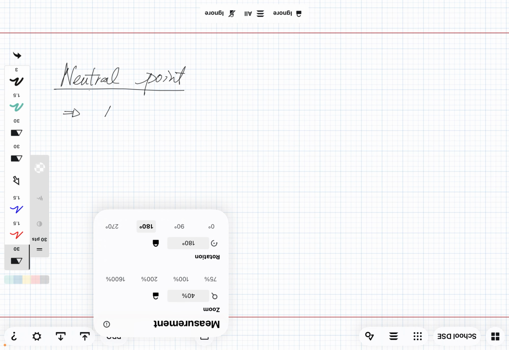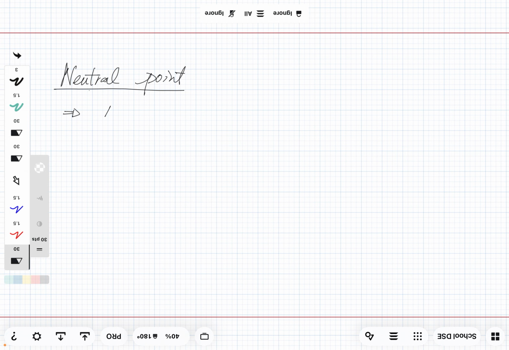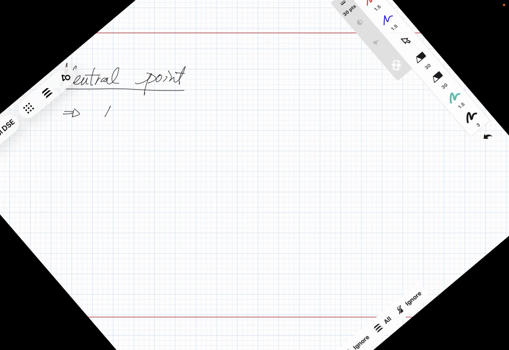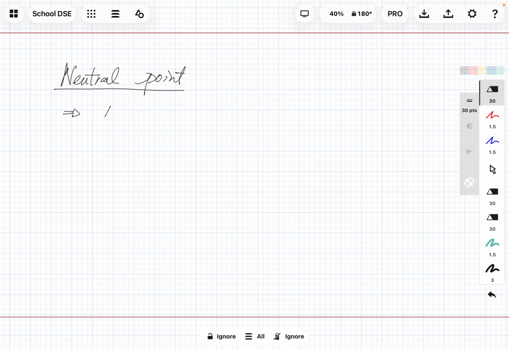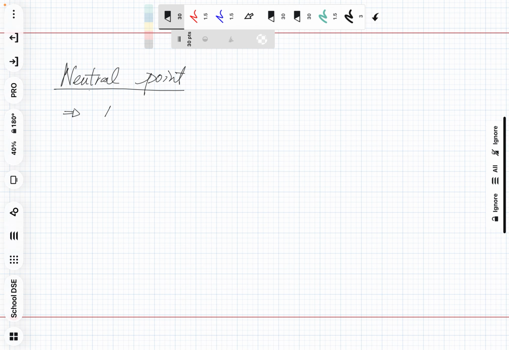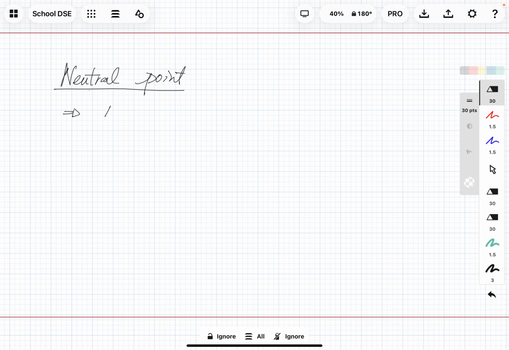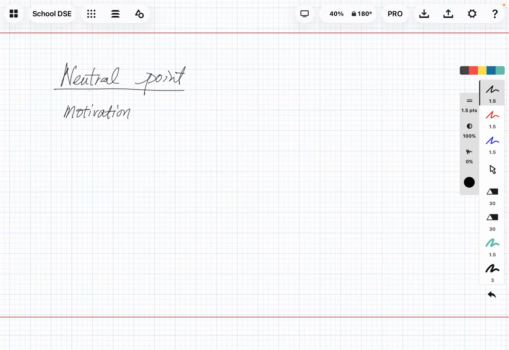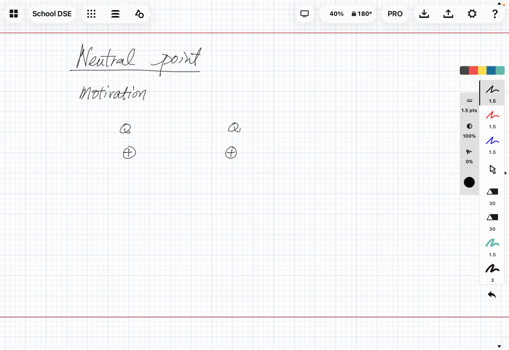Somewhere between. Well, if the two charges are not the same sign, then in general we don't know which part it is, but it will always be located near the one with the weaker charge. So for example like this, the neutral point will be located here because this is weaker.